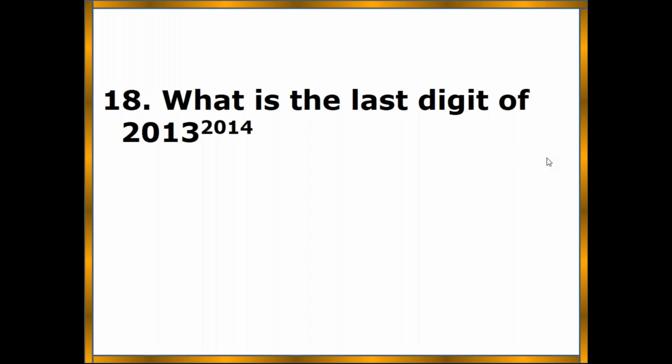Whenever the last digit of the base is 3, 2013 whole power 2014 depends on 3 power 2014. Whenever the last digit of the base is 3, the power is divided by 4. The given power is a larger power.